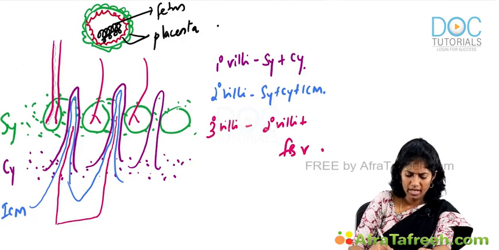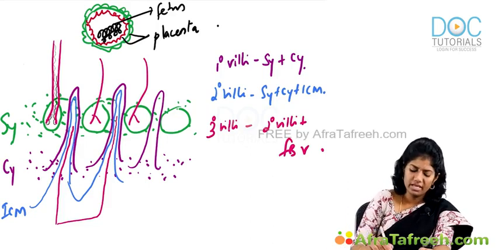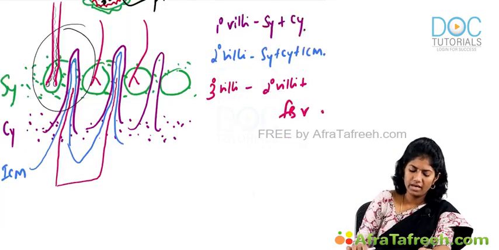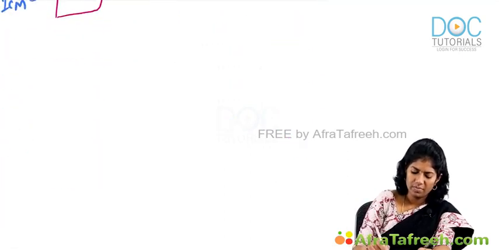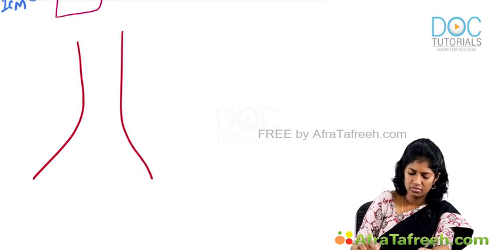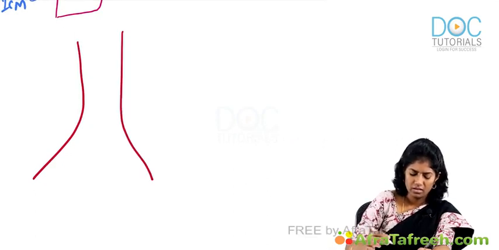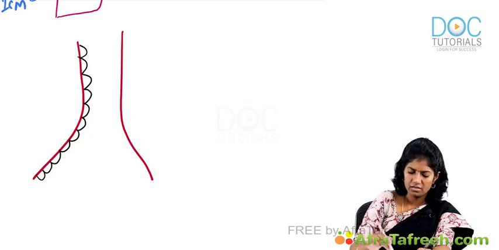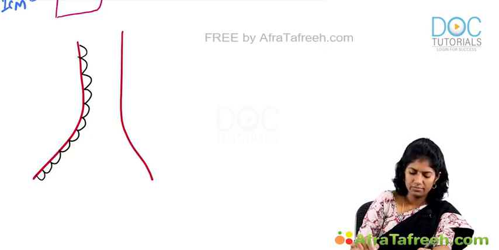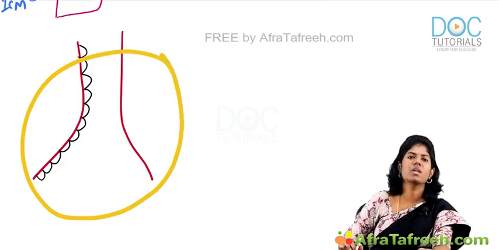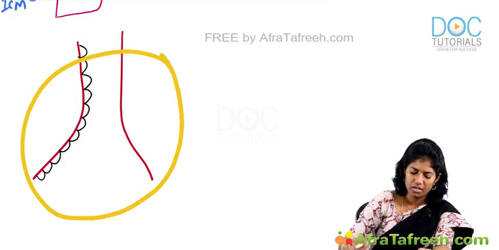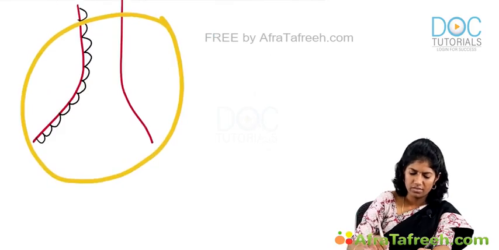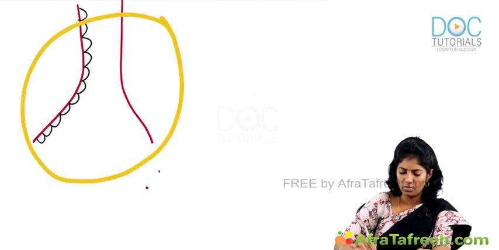Now, zoom into this area and you will see the spiral artery here, and this is the lining endothelium of the spiral artery. And this is, say, the lacuna, and outside the lacuna you have the cytotrophoblast.